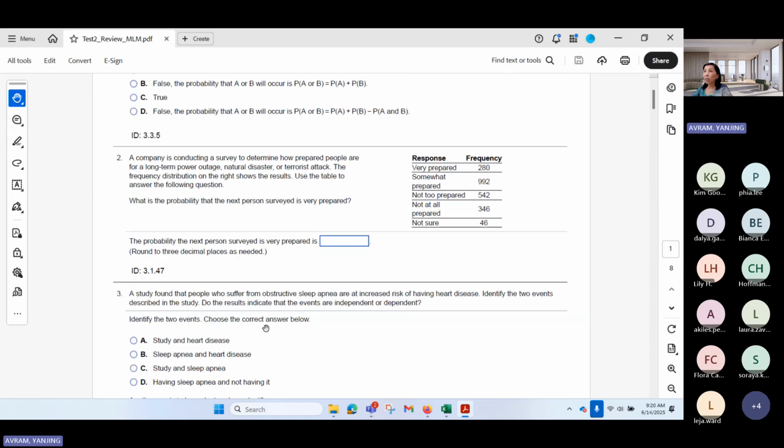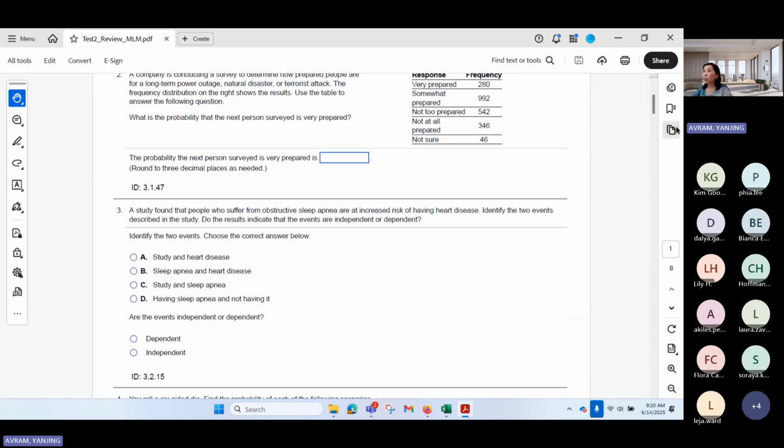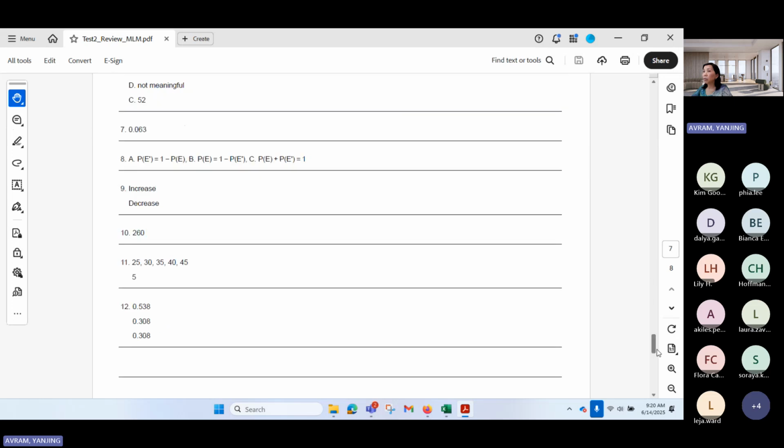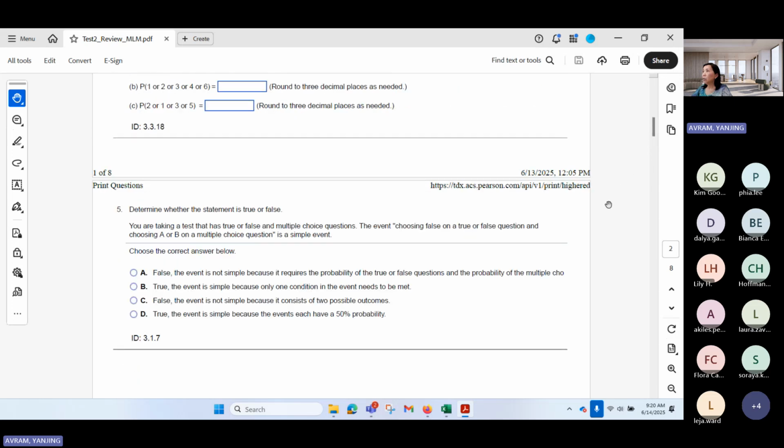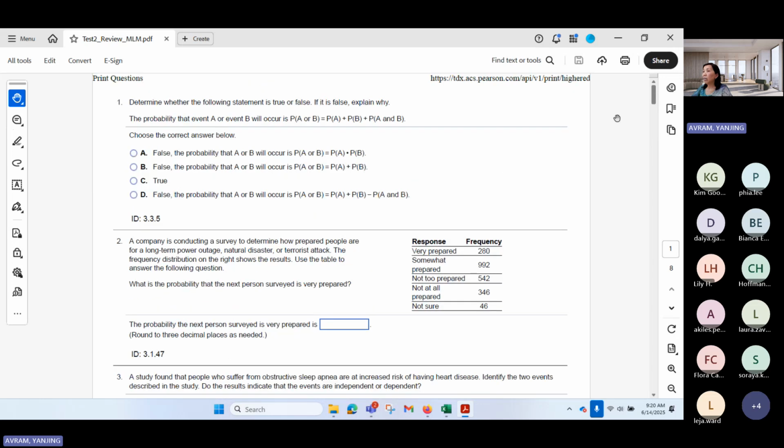Okay, so we're gonna go through this review question, which will be a little bit similar to the test question, and then when we get to the calculator, we will use it to help answer the question. Okay, so the first one: determine whether the following statement is true or false, and explain why.